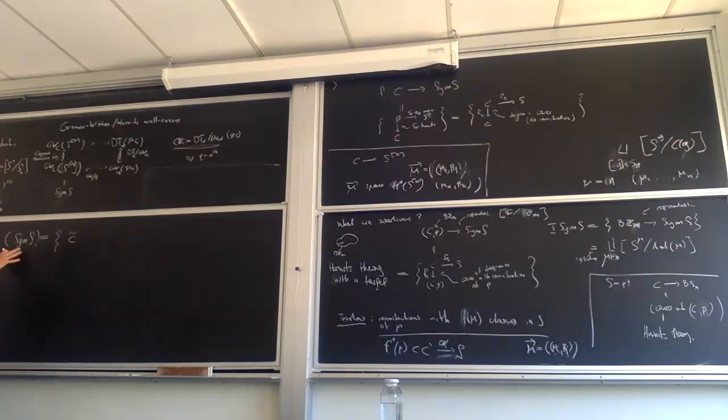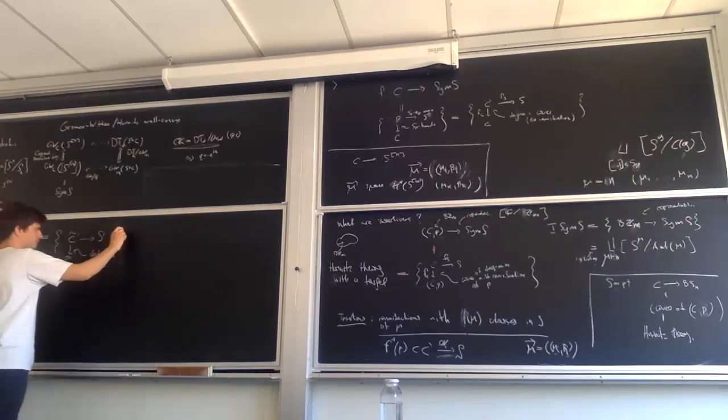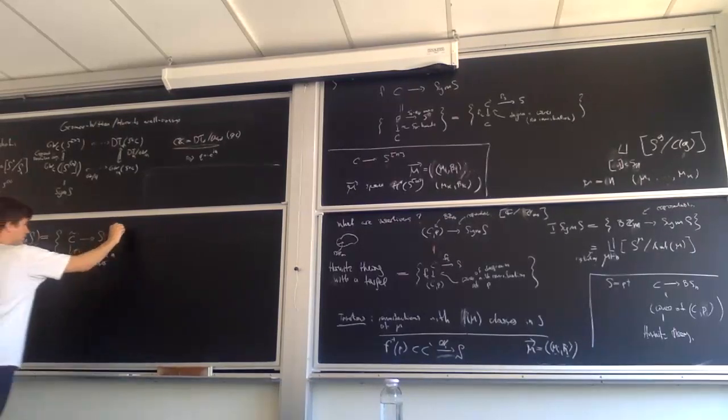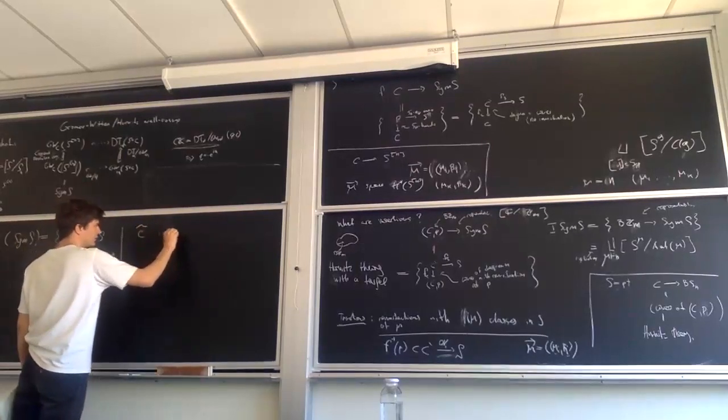So the Gromov-Witten theory of a symmetric product with a fixed curve can be viewed as maps from the cover C tilde to S, such that this is a degree n cover, and where C tilde is a bubbling.